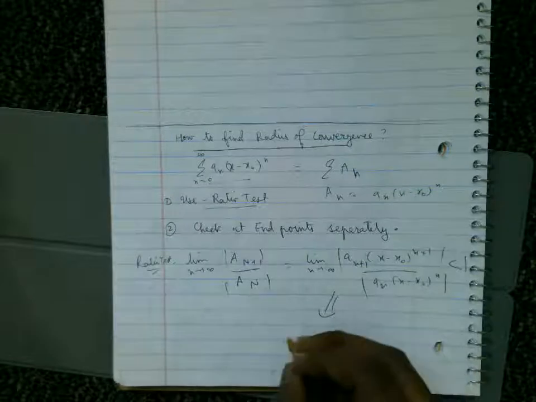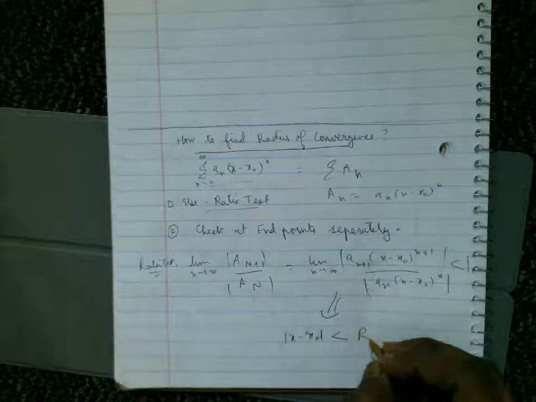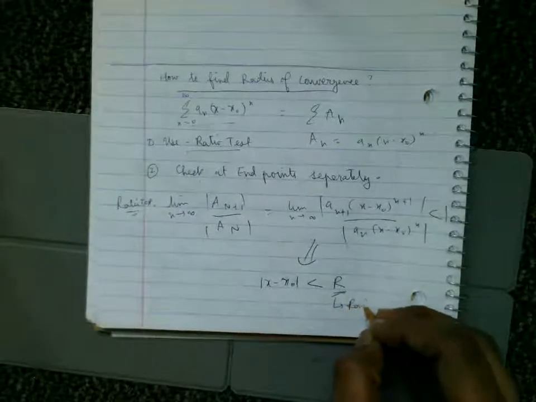From this, you will get an inequality of something like this, and then this r is nothing but the radius of convergence.